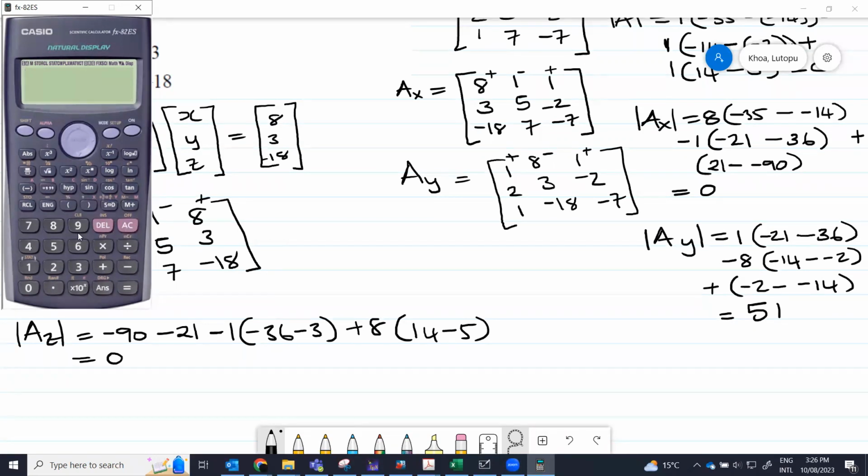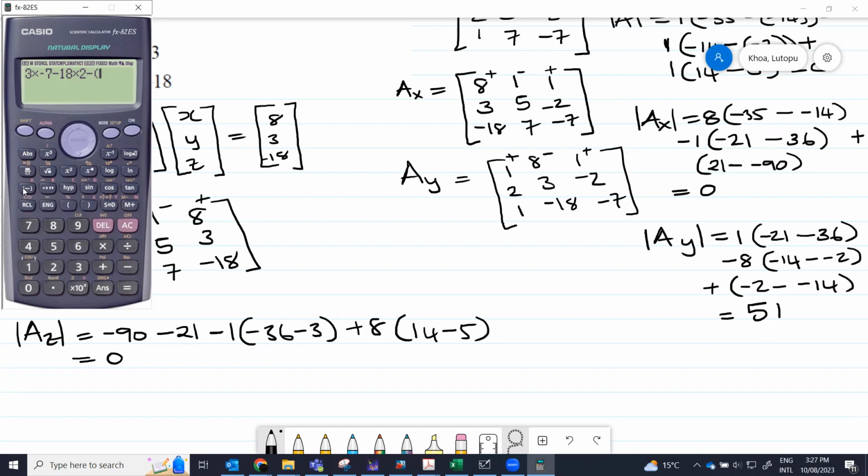So we have 7 times negative 1 minus 18 times 2, minus, here the brackets are needed.